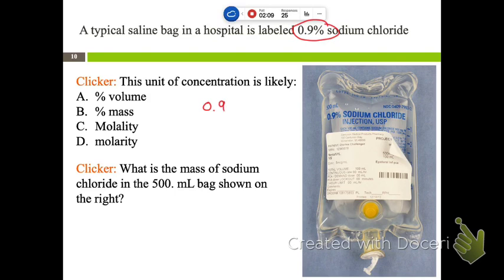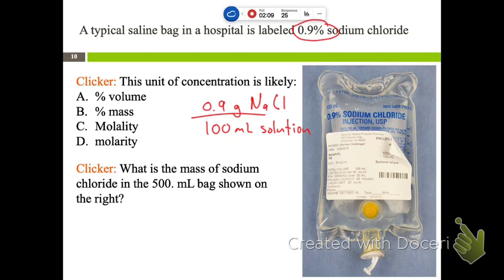Okay, 0.9 over 100, agreed. But let's add some units to make it mean something. 100 milliliters and 0.9 grams. Great. We're almost there. What are we missing? Sodium chloride. Okay, this number, 0.9%, means that for every 100 milliliters of solution, you have 0.9 grams of sodium chloride.